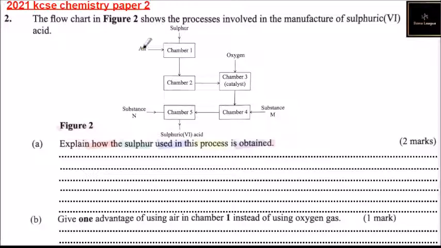We have sulfur, we have air, chamber 1, we have chamber 2, we have oxygen added there, chamber 3 catalyst, then we have chamber 4 substance M, chamber 5, and we have a substance N is added, we have sulfuric acid produced. So part A, explain how the sulfur used in this process is obtained.